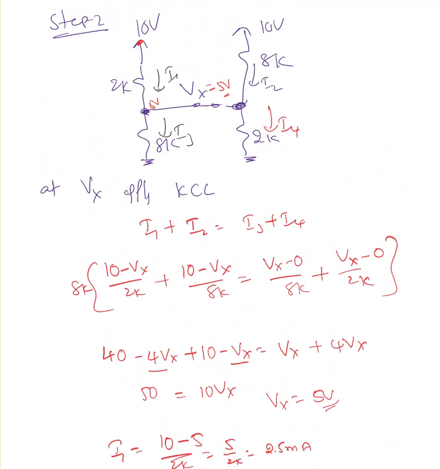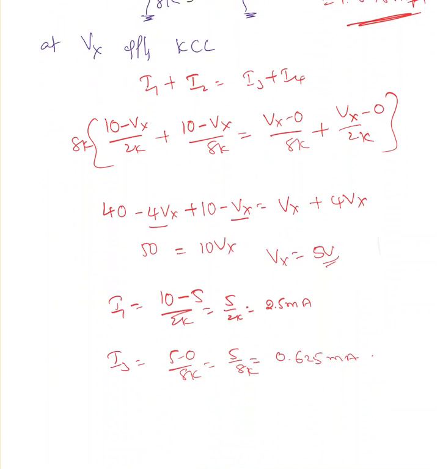So I1 current of 2.5 milliampere is coming down and 0.625 milliampere is going in the other direction. So what is my I? I must be 2.5 minus 0.625, we'll end up with 1.875 milliampere. So that is the current passing through the diode.